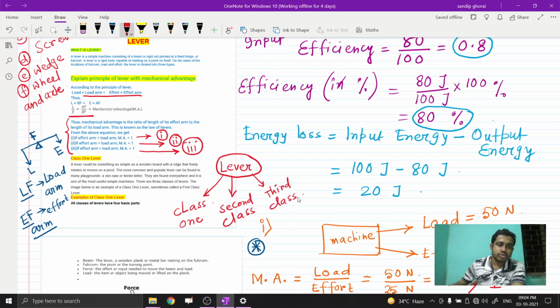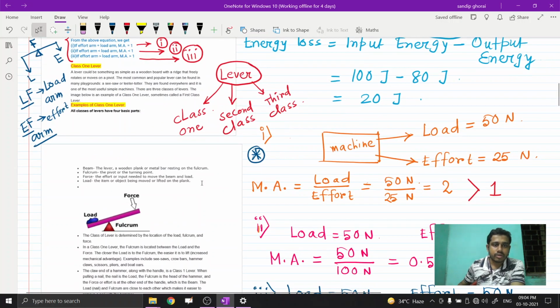The basic difference between first, second and third class is based on mechanical advantage.